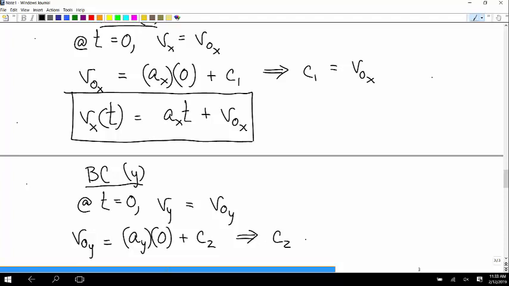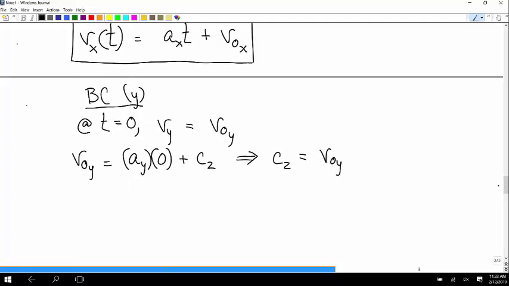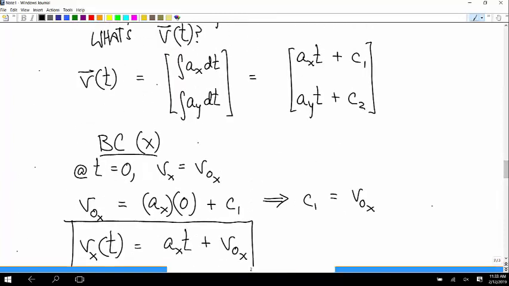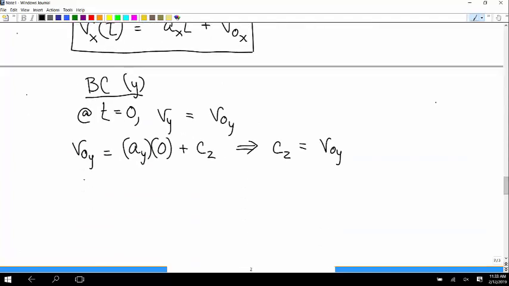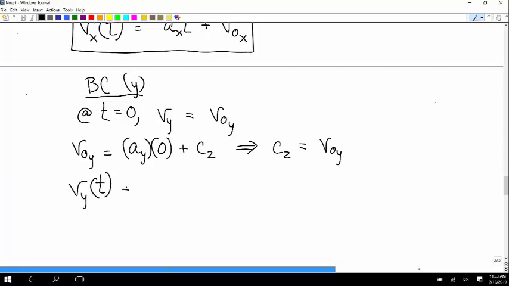Solve that, and c2 is equal to v0y. Plug that back into the function we have for the y component of velocity, and you get that vy as a function of time is equal to ay times t plus v0y.